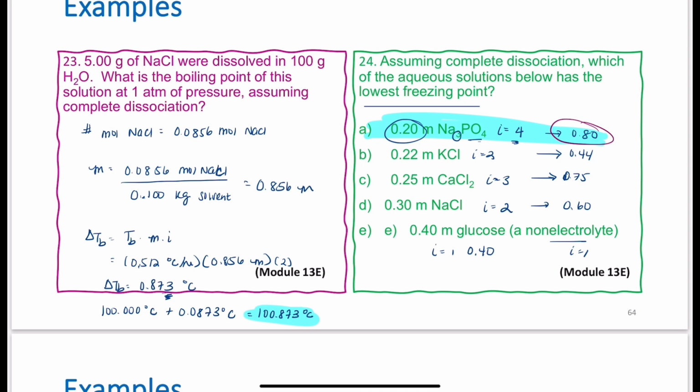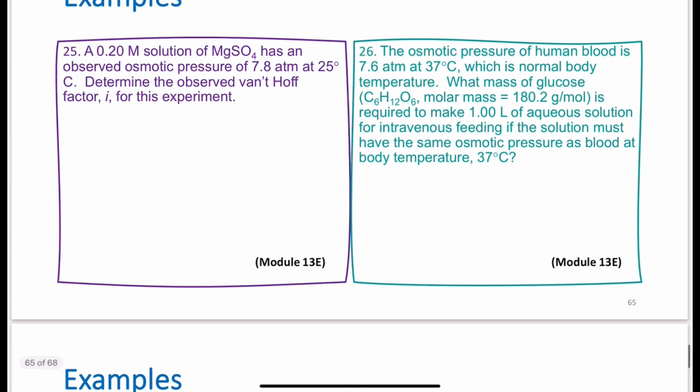Now, if I had highest freezing point, I would have picked the lowest value because again, it's freezing point depression, but it does say lowest freezing point. So I'm going to go with the one that has the lowest freezing point, and that will be comparative. Others may freeze below water, but this one is going to be the lowest to freeze the water because of the 0.8 factor, not just 0.44, 0.75, etc.